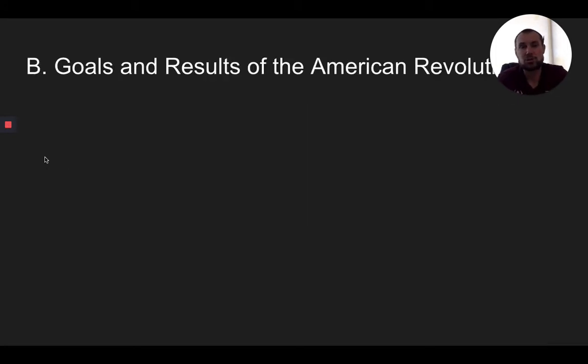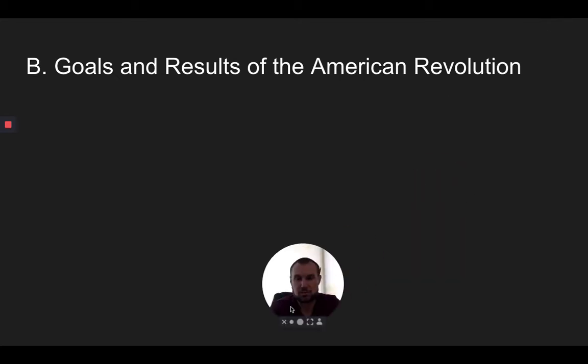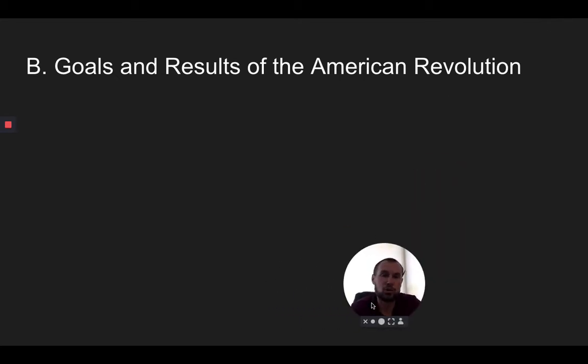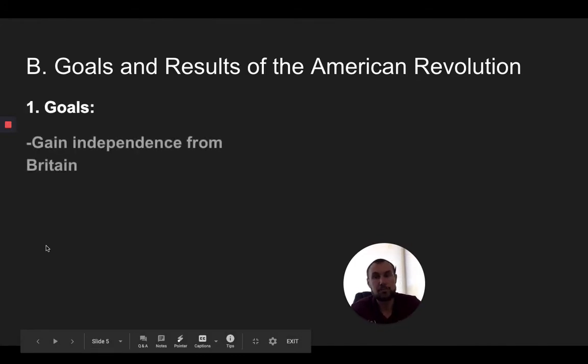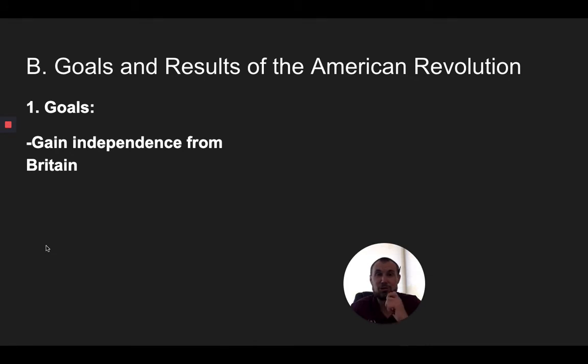Now, the goals of the American Revolution, and let's move my face, okay, the goals of the American Revolution were threefold. One, gain independence from Britain. You should understand that throughout the world, no nation had ever gained independence from another nation. Okay? This was a new thing.